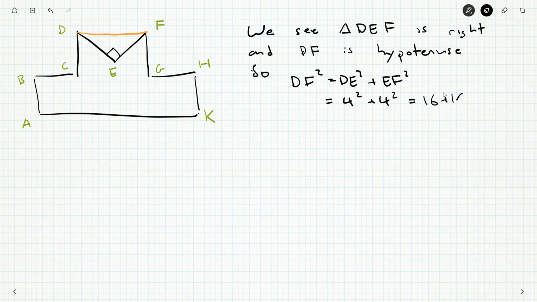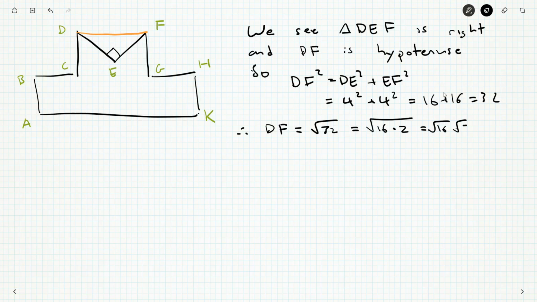So it's going to be 16 plus 16, or 32. So DF is the square root of 32, which I'm choosing to rewrite as 4 root 2. Well, there we go. Not that hard.